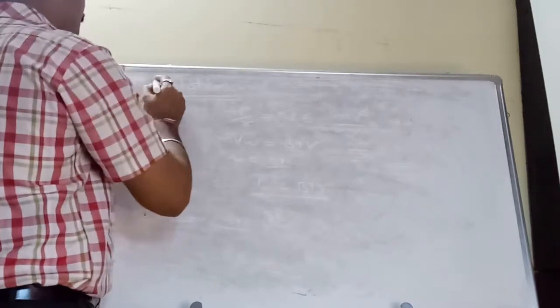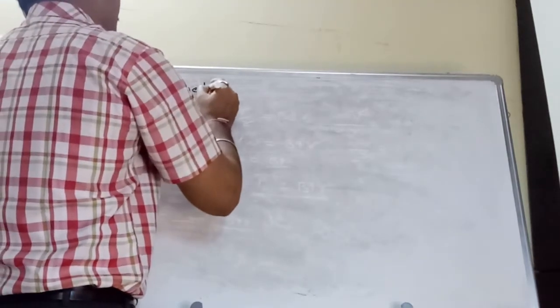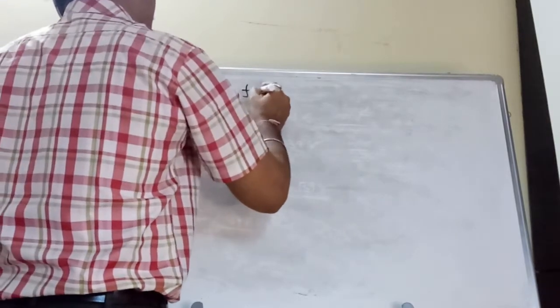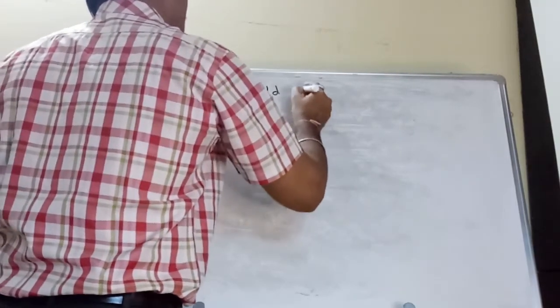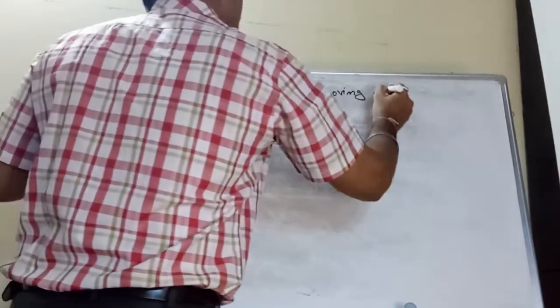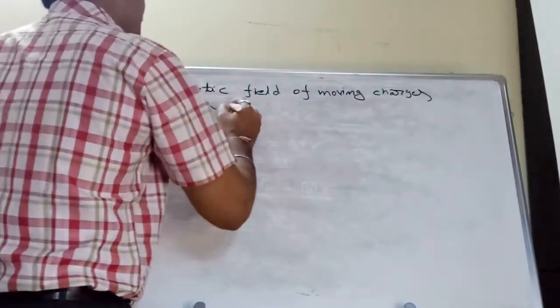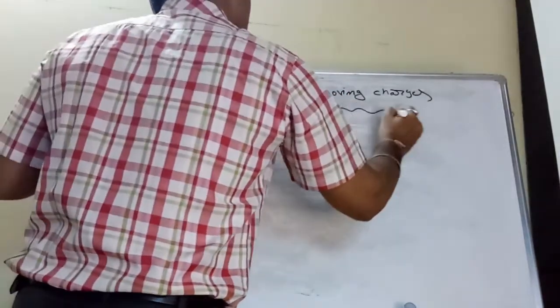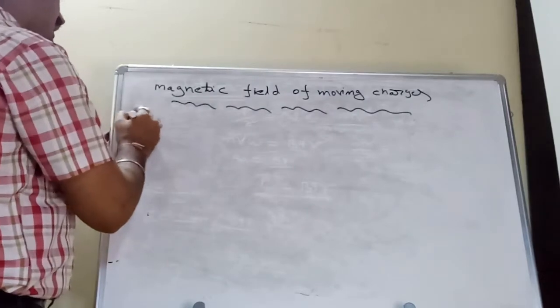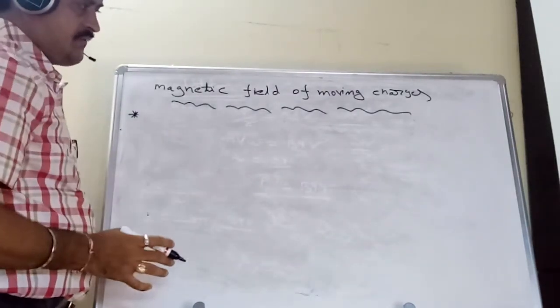Now, magnetic field of moving charges. Suppose a charge is at rest, observer in an inertial frame.